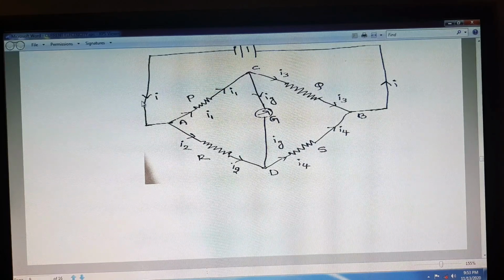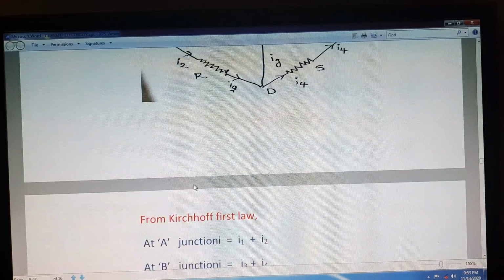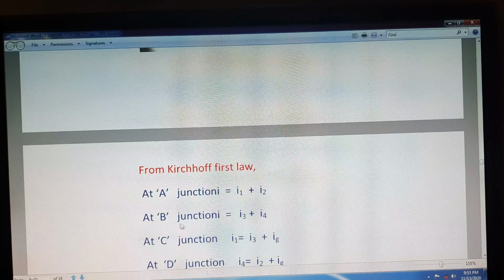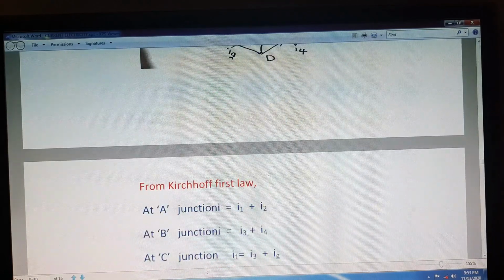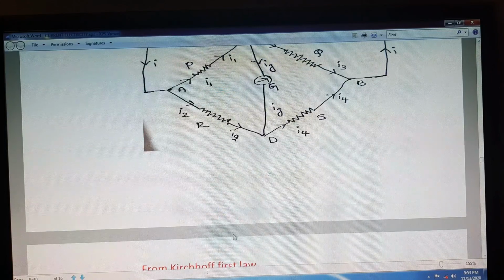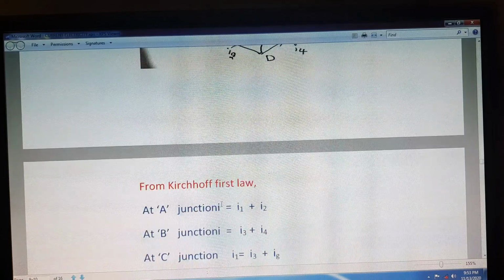By the first law, the sum of the entering currents, only a single current I, is equal to the sum of the leaving currents in the same junction. So I is equal to I1 plus I2. At B junction, what are the entering currents? I3, I4. What is the leaving current? I. So I is equal to I3 plus I4. At C junction, what is the entering current? I1. Leaving current? I3 plus Ig.